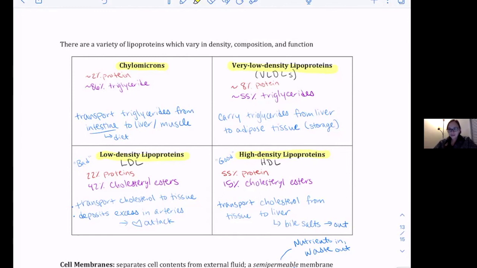So there's a variety of different lipoproteins that can be used to transport lipids, and they have different uses, different functions and compositions along with those properties.